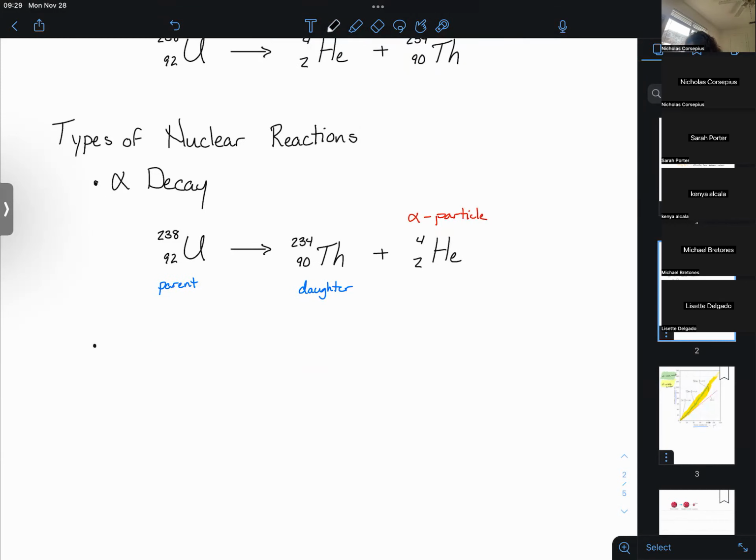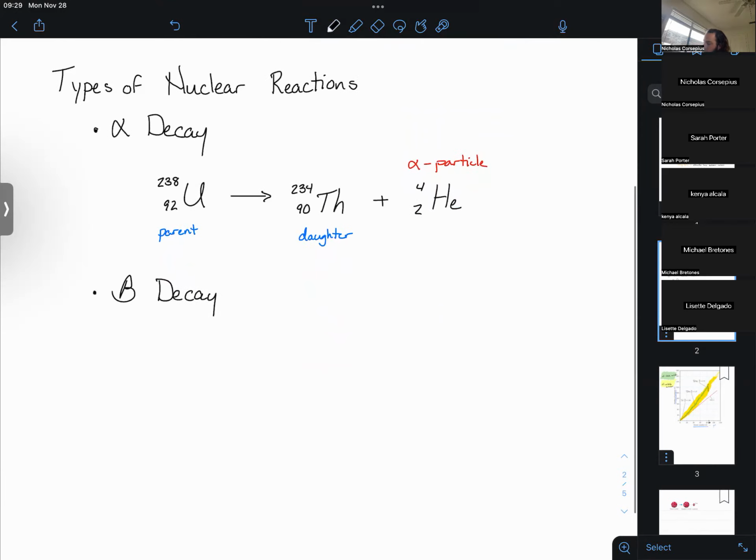The next one is what's called beta decay. And in beta decay, you see something that's pretty cool, which is that it isn't quite simply the split that you saw in alpha decay. What happens in a beta decay is that a neutron in that nucleus is actually going to convert itself into a proton and an electron.